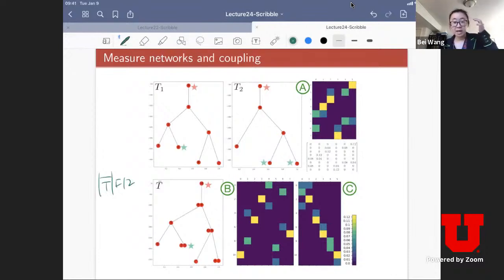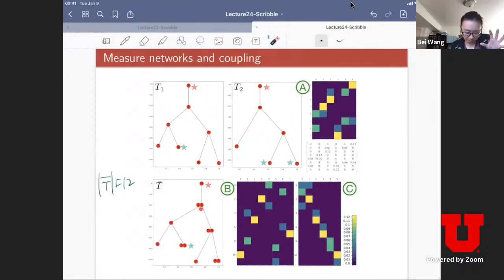And then I'm going to look at the coupling matrix here. So if you look at this, T hat has 12 nodes, but what it does is actually duplicate some nodes. For example, right around here, there are 2 nodes sitting on top of each other. I just made an extra copy of it.